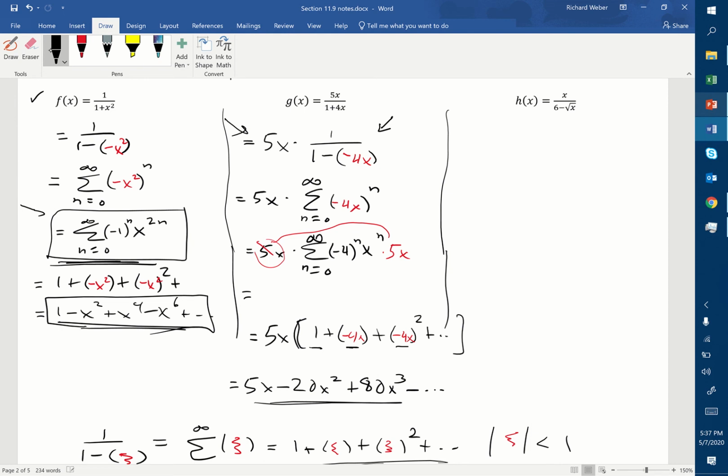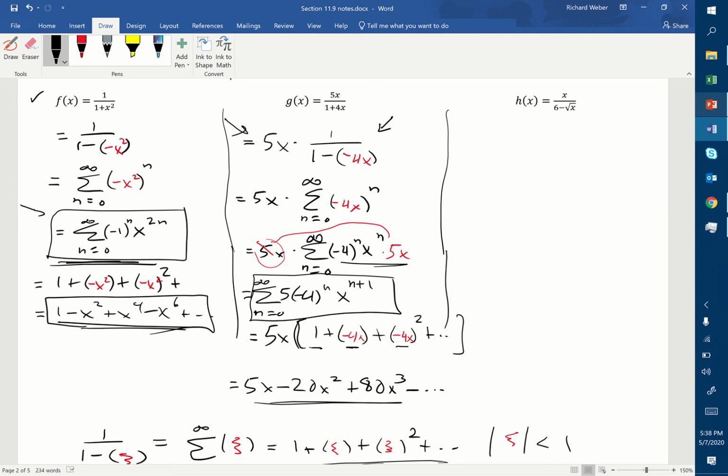And when we do that, we get a sigma answer, so to speak, a formula for it. And the way I'm going to write this, you see all this stuff in there? I'm going to clean it up. That's all I'm doing. I'm going to write 5, minus 4 to the n, I should say. And what about the x power? What do you think? Yeah, it's one more, n plus 1. And so that one is done, okay?